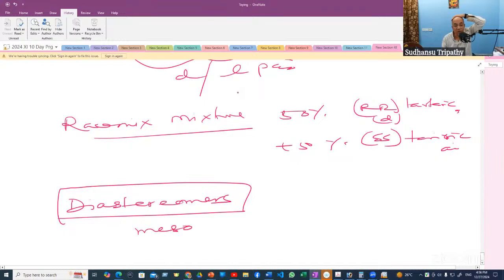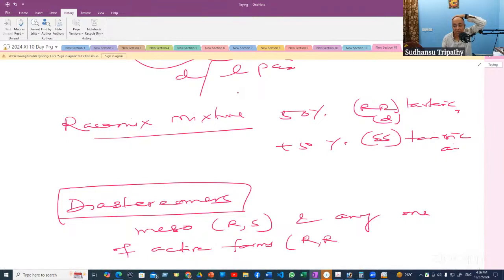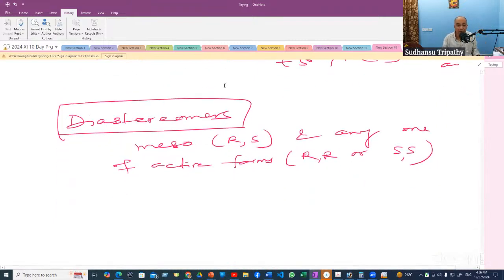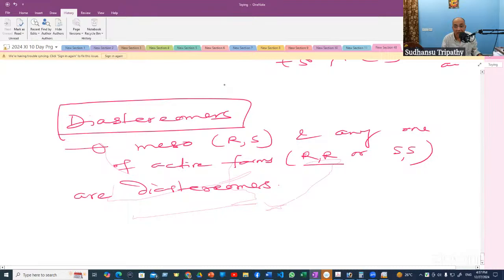Meso and any one of the active forms, either RR or SS, are diastereomers, because they are not mirror images. RR with SS are mirror images, RS with SR are mirror images.